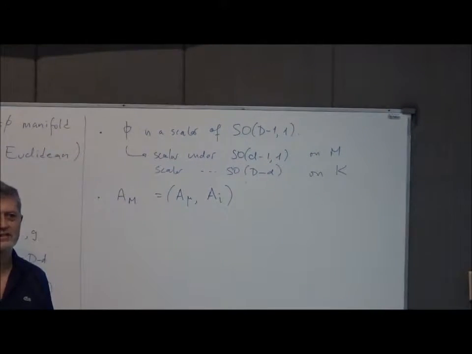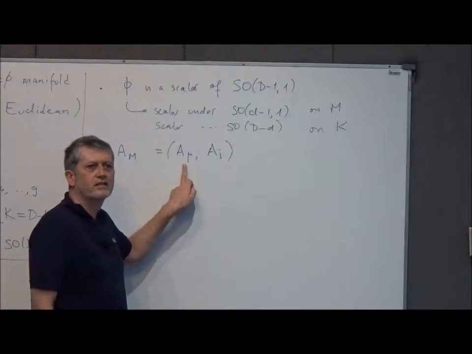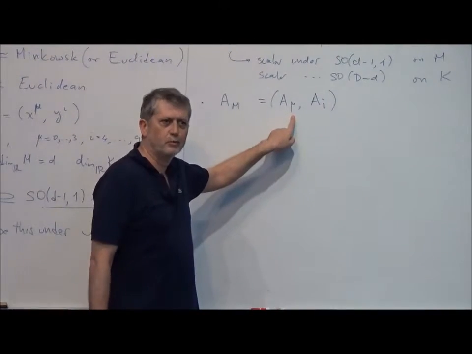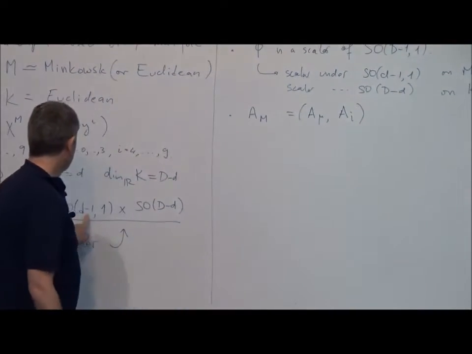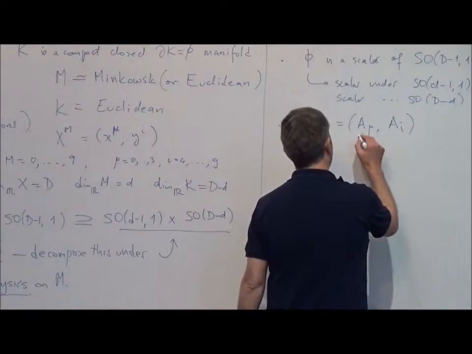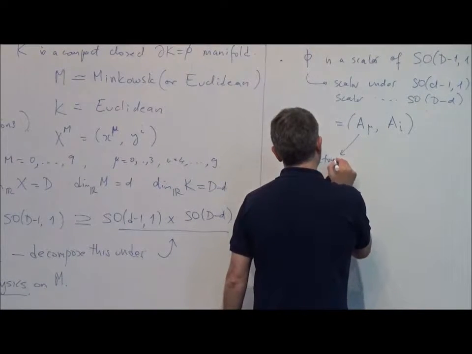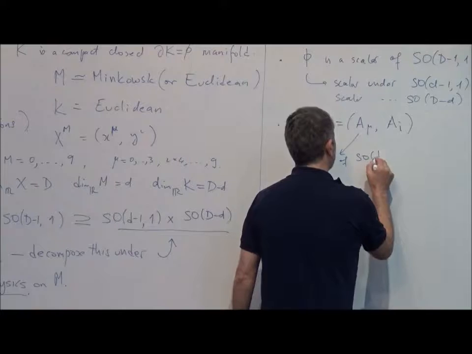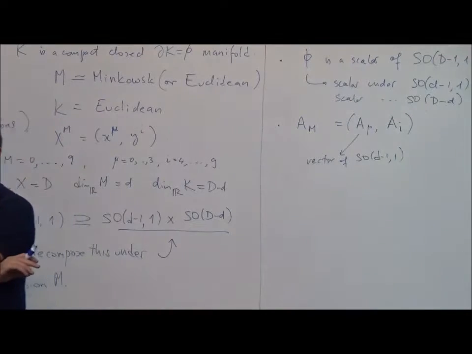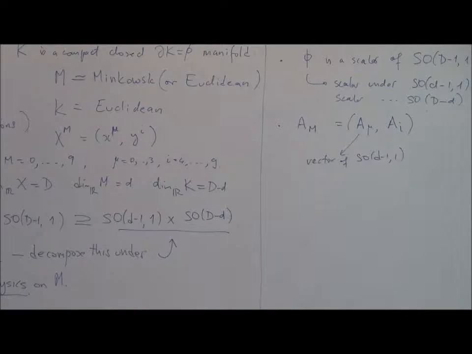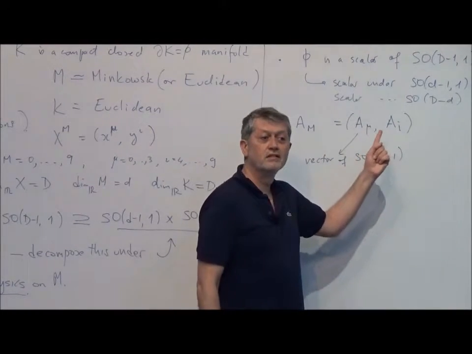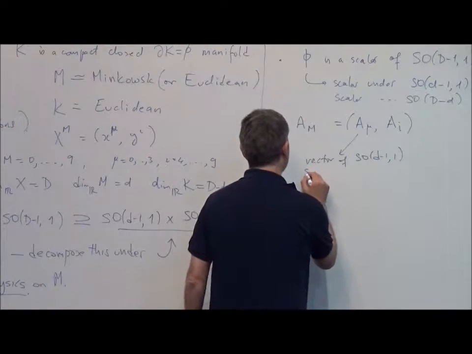Under SO(D minus 1, 1), this carries a vector label, right? These are the labels for these guys. So this is a vector of SO(D minus 1, 1). Does it carry a label of the space K? No, it doesn't. So it can't transform, can it? So it must be a scalar.